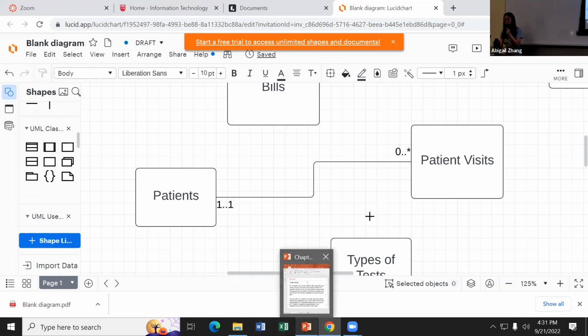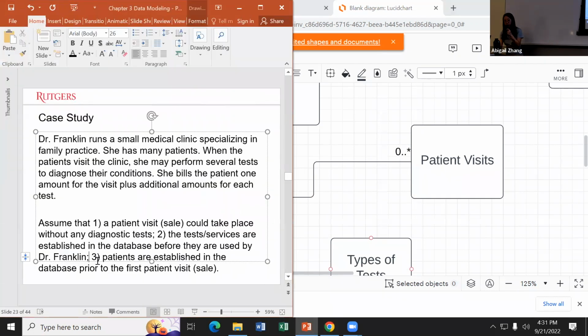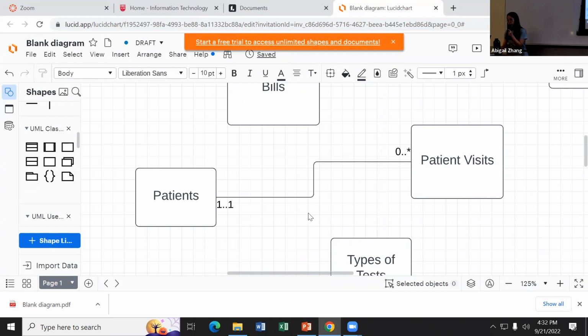For those of you who feel a little confused about this 0, let me explain. Our third assumption says patients are already established in the data set before their first visit. That means they do not necessarily have to visit, so the minimum can be 0.